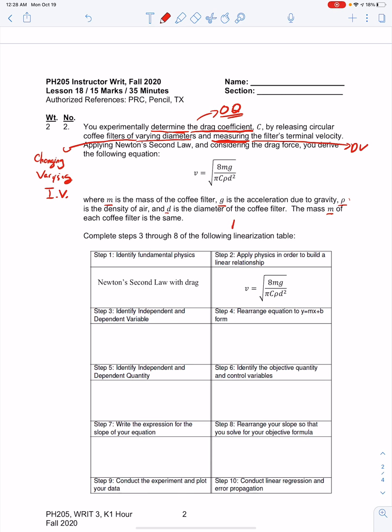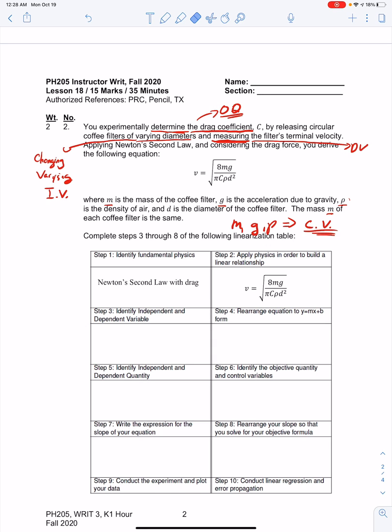So that means that M, G, and density are going to be your control variables because they don't change. Okay? It's important to understand that. If it says they're not changing, or they're constant, like for example, acceleration due to gravity is constant, then you know that those are control variables.